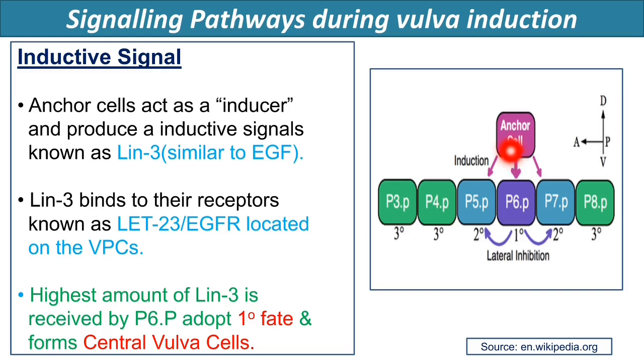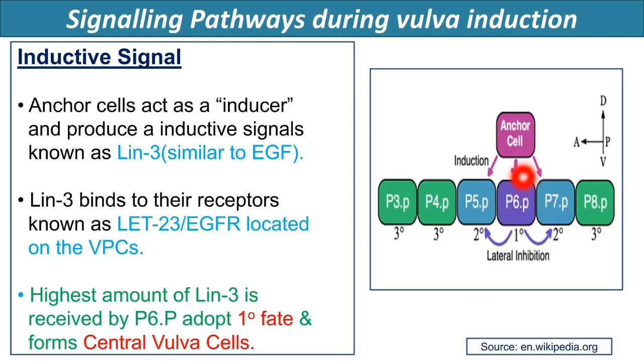Now the Lin-3 protein secreted from the anchor cell binds to the receptor known as LET-23 or EGFR, that is epidermal growth factor receptor, present on the VPCs, and the signal is transferred to the nucleus through the MAP kinase pathway. The highest amount of Lin-3 is received by P6.p.